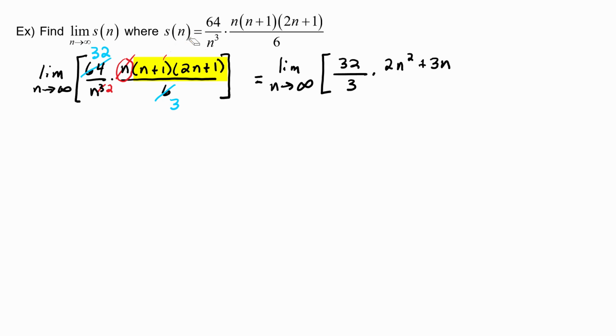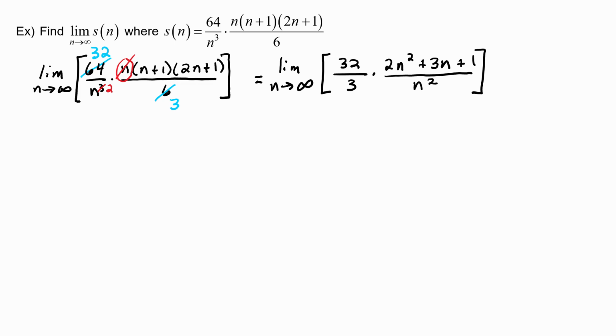And then last times last is plus 1. Now remember, in the denominator, we're going to write that n squared. So once again, let me remind you, all we did in the denominator was switch places with the 3 and the n squared, and we're always allowed to do that with rational expressions.